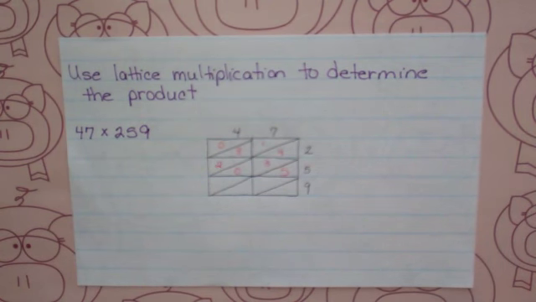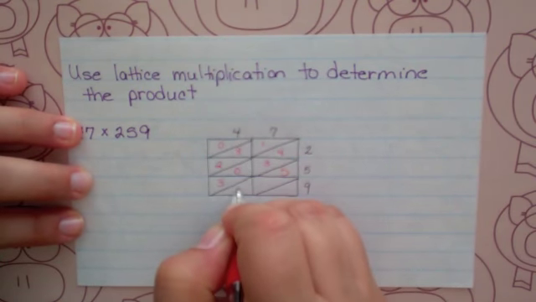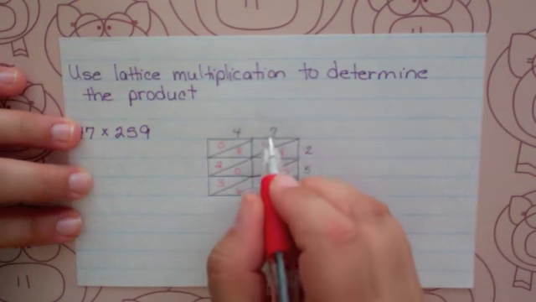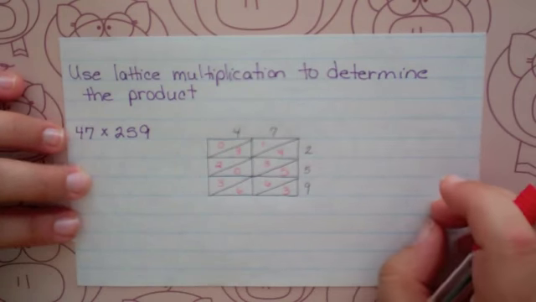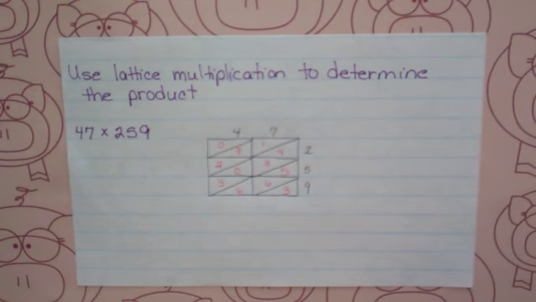We have 4 times 9, which is 36, and we have 7 times 9, which is 63. Notice that in this lattice multiplication, to start with, we have small, easy multiplications that you can easily do in your head.